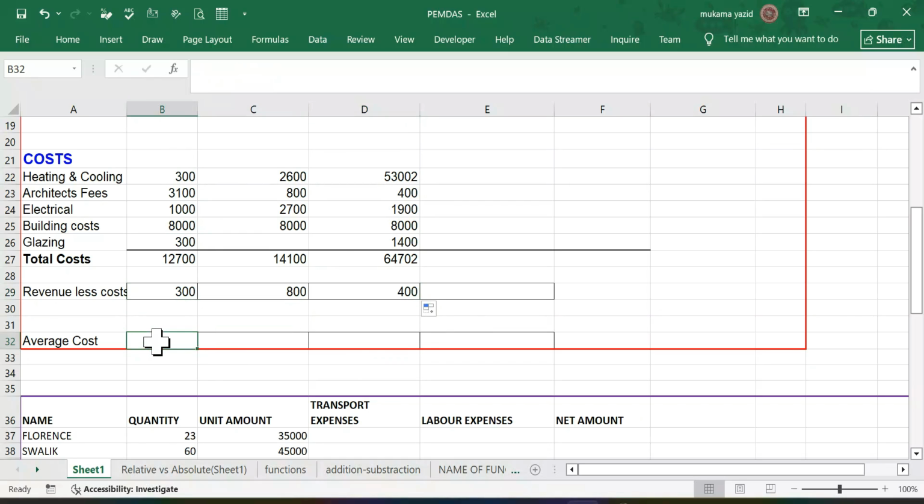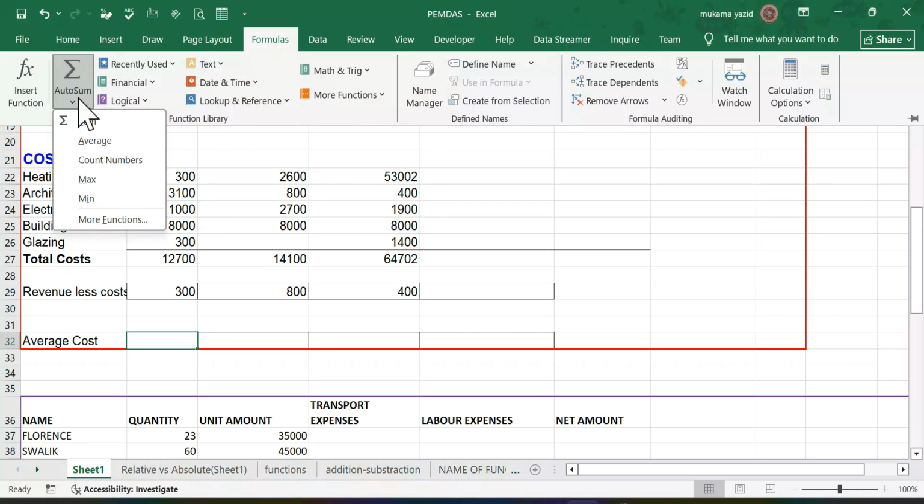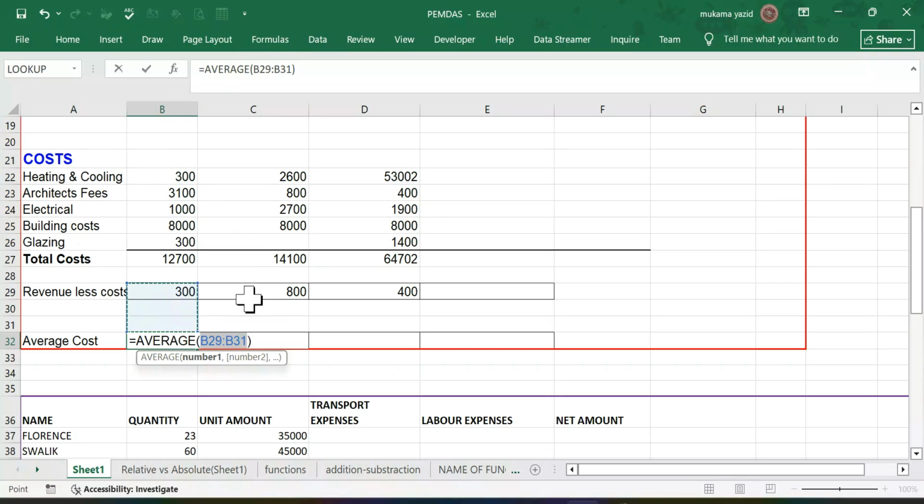So that is it. Then average, we can do the same thing. We can come here, or we can go to the format tab and we get average here. So we select this, we want to get the average from these values. I think we deselect this value.